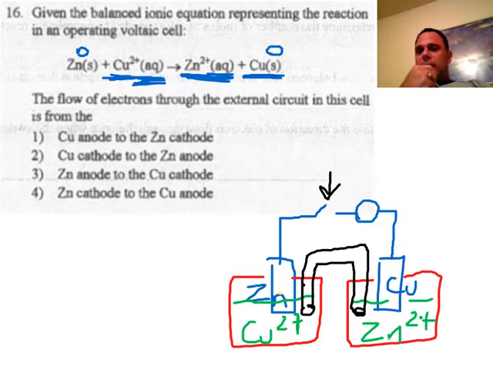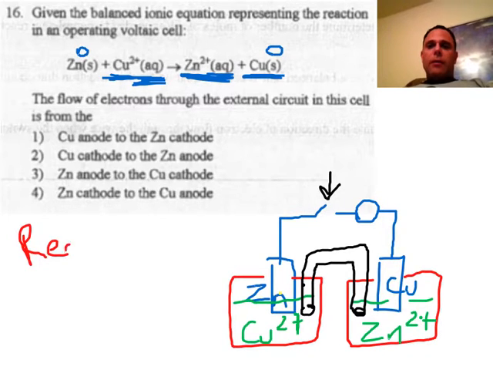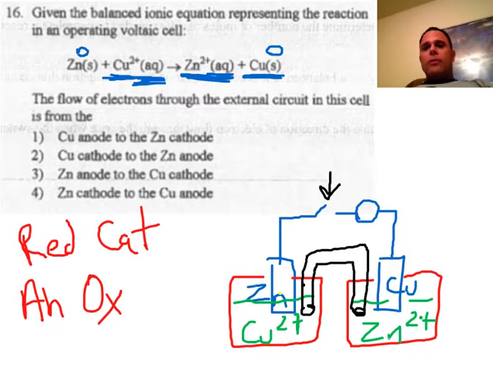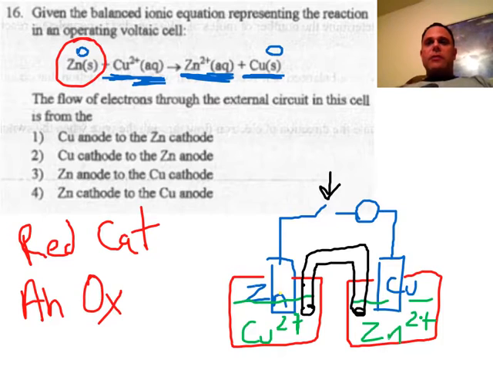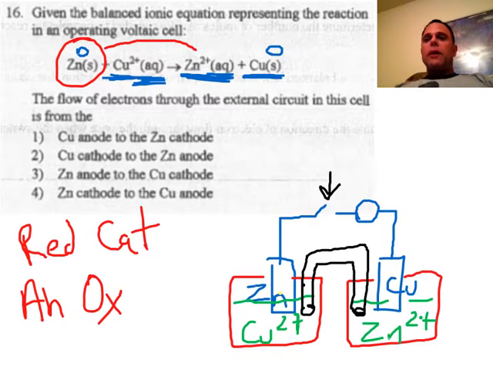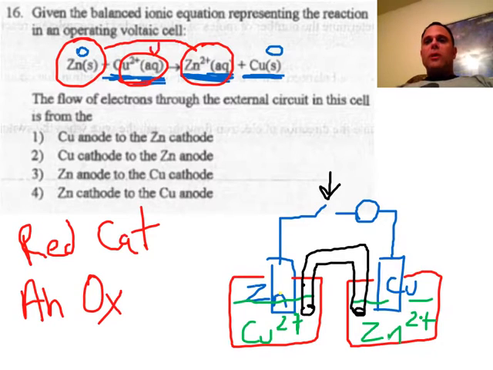So what do we need to see here? Well, I do need to remind you of this. Red cat and ox. All right, so we do know that zinc is going to be losing electrons, and those electrons are going to be going to the copper.